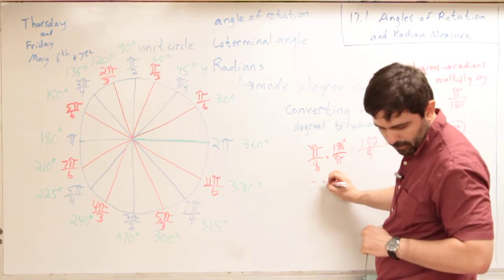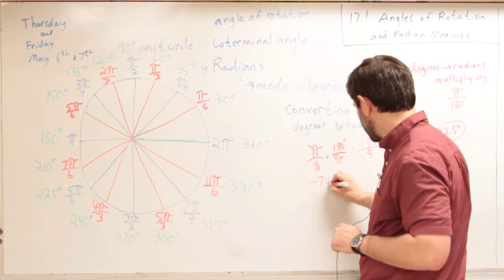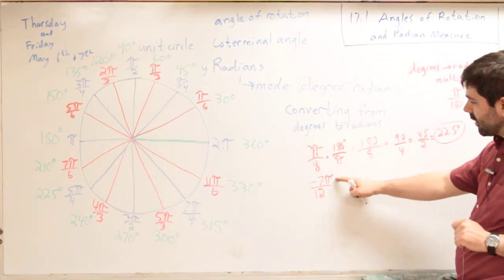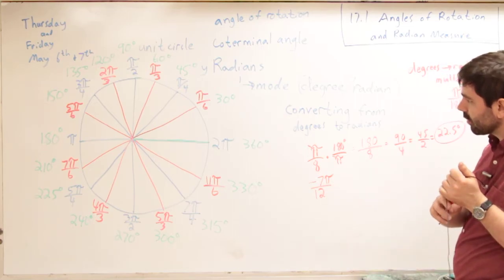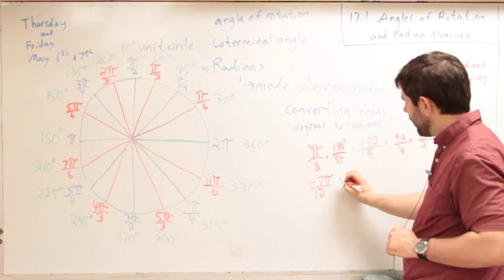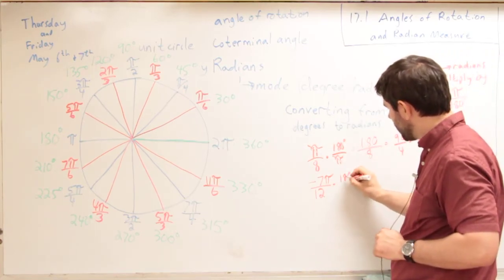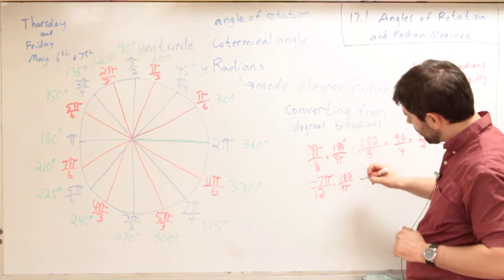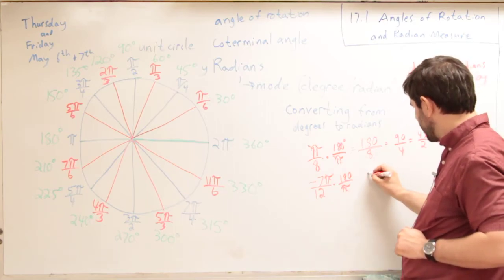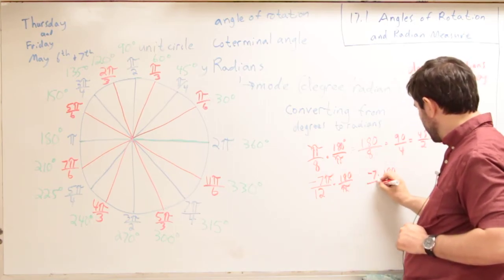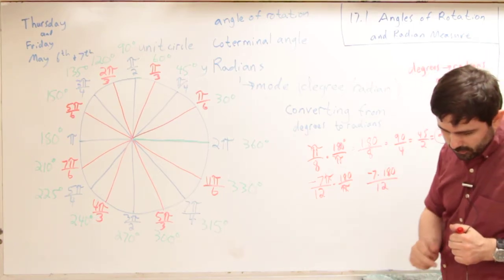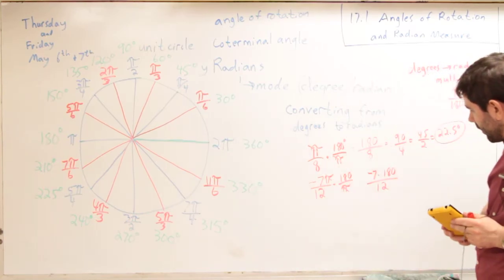If we want to do, let's do a negative one. Negative 7 pi over 12. We want to turn this in radians. I'm not sure where that would be on our unit circle. But we just multiply by 180 over pi. Our pi's will cancel out, and we're left with negative 7 times 180 divided by 12. And I wonder if this will work out nice and neat.